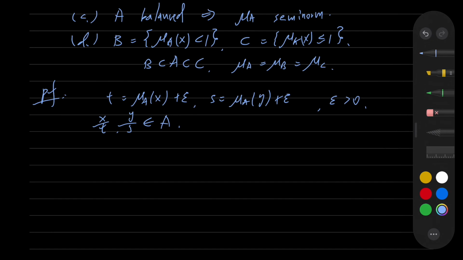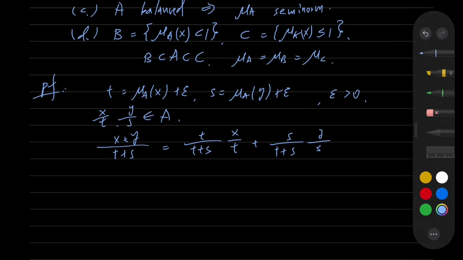Then we look at the point x plus y over t plus s. And actually, this is just the convex combination of the previous two points. So we can decompose the sum into a convex combination of x over t and y over s.